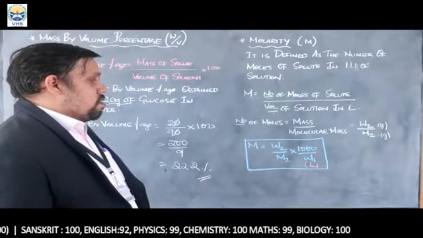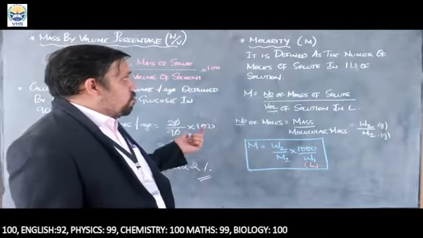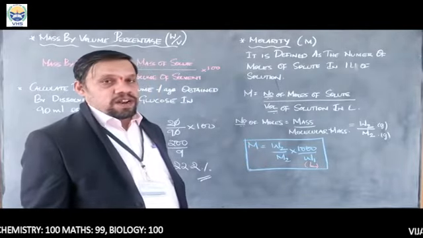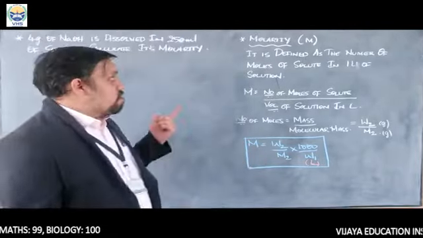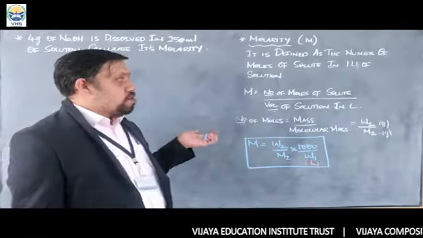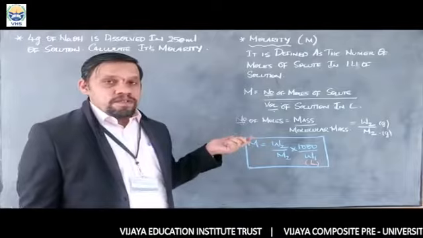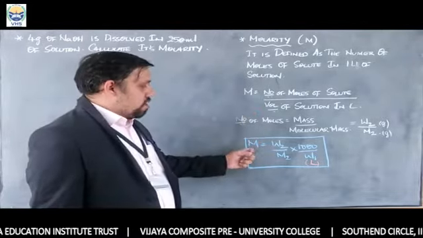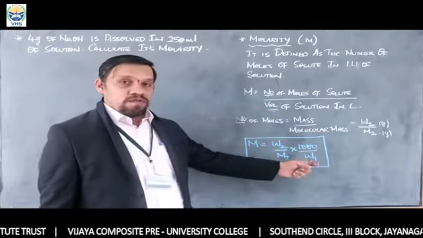Similarly, we will be studying this before moving on for molarity. Then we can go to the next fraction. So as we studied, molarity is defined as the number of moles of solute in 1 liter of the solution. So I can represent it as M is equal to W2 by M2 into 1000 by W1.